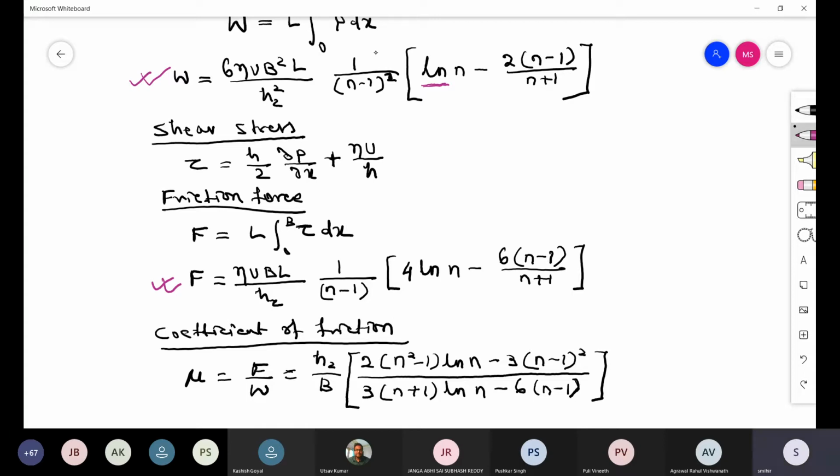So this is the coefficient of friction that you can evaluate.